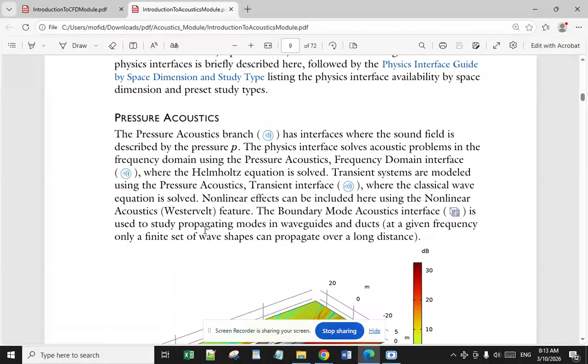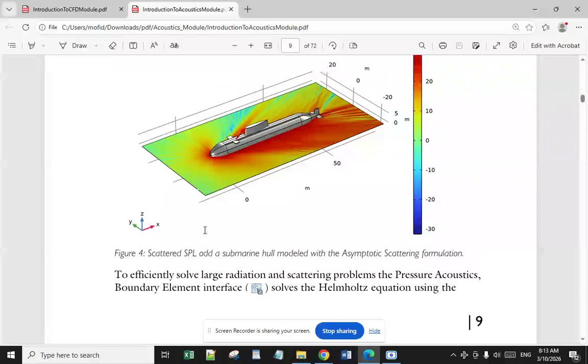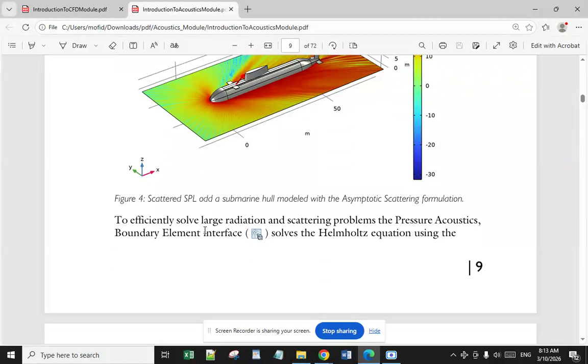The Boundary Mode Acoustics interface is used to study propagating modes in waveguides and ducts. At a given frequency, only a finite set of wave shapes can propagate over a long distance. You see in the fourth figure the scattered SPL at the Benchmark Submarine hull modeled with the asymptotic scattering formulation.